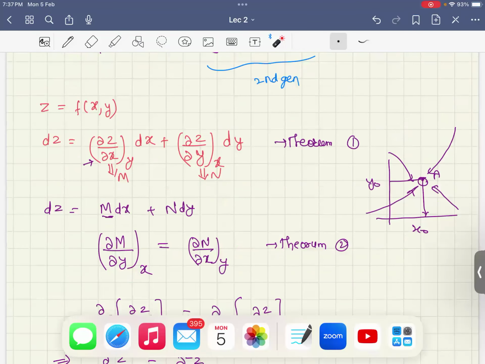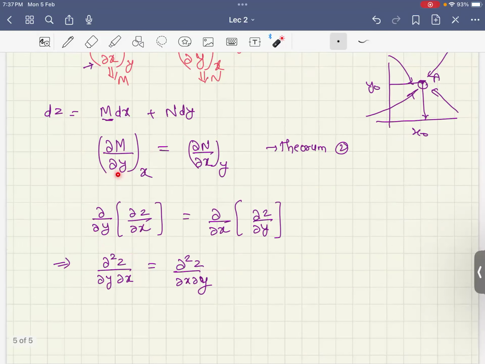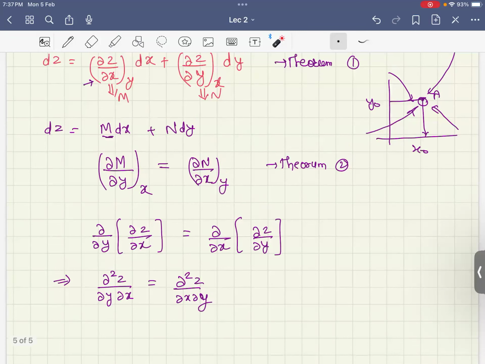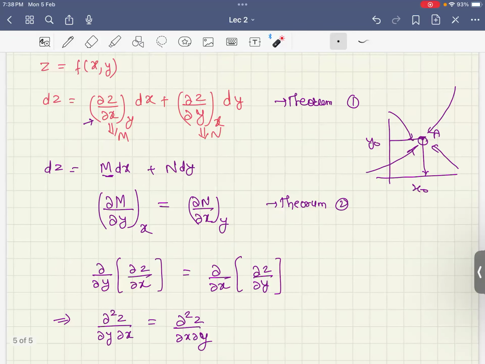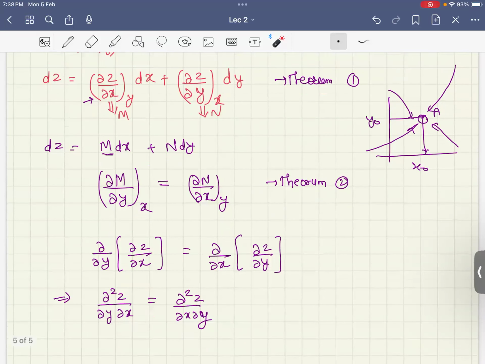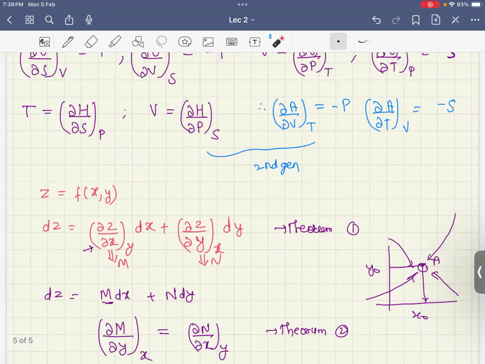Dou m by dou y at constant x is equal to dou n by dou x at constant y. Then we have to put the value of m and n.